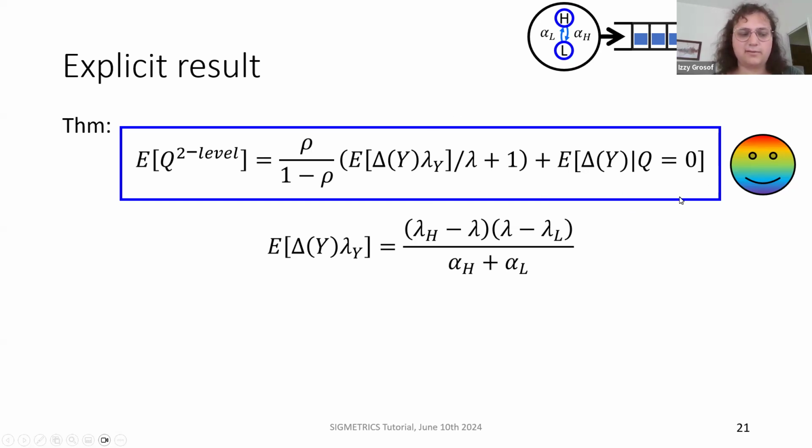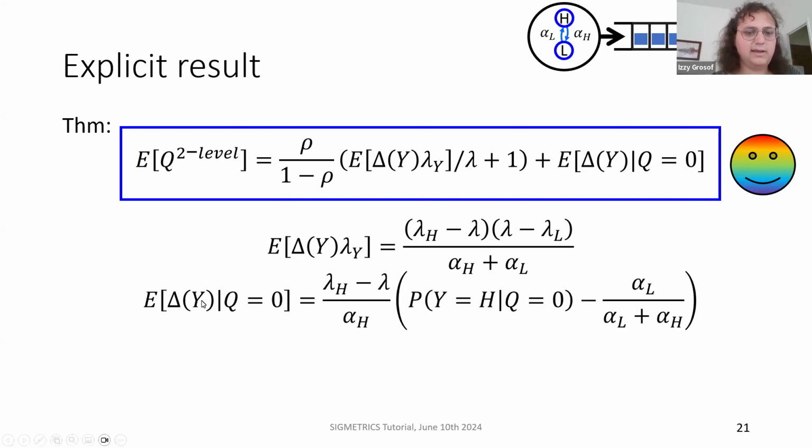Now, if we expand out this expectation, we can understand everything except for this one important term, the probability that we're in the high arrival state while the Q length is empty. We don't know it exactly, but we can prove some bounds. And from those bounds, we'll directly get mean Q length bounds, since we can calculate everything else in this formula.